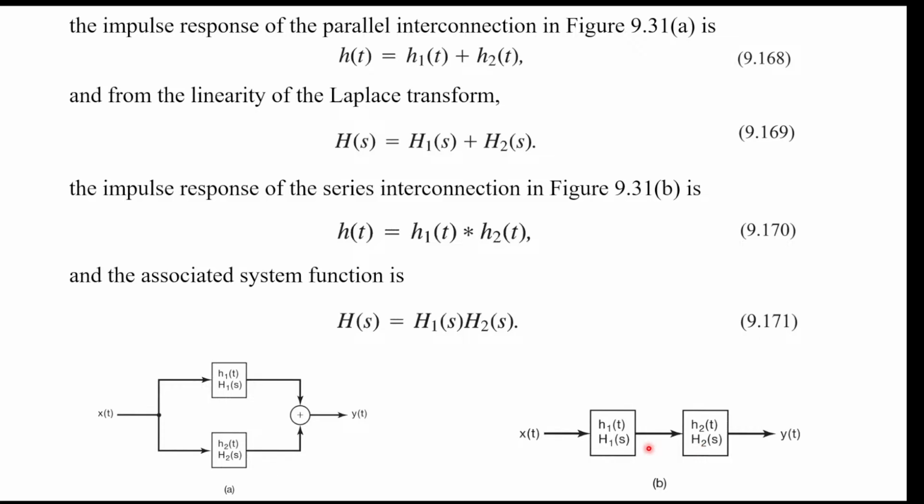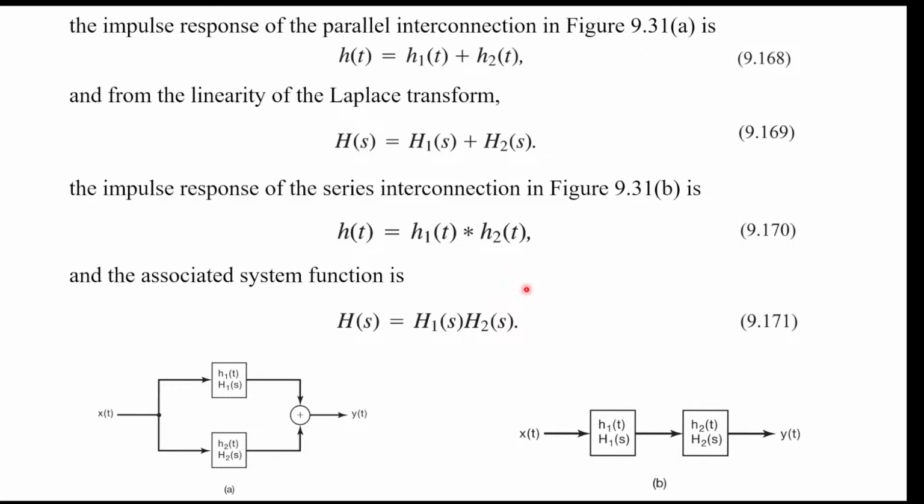So these two systems together can be viewed as a system with small h being small h1 convolved with small h2. Now using the convolution property, you do a Laplace transform on this, and you see that big H is equal to big H1 times big H2.